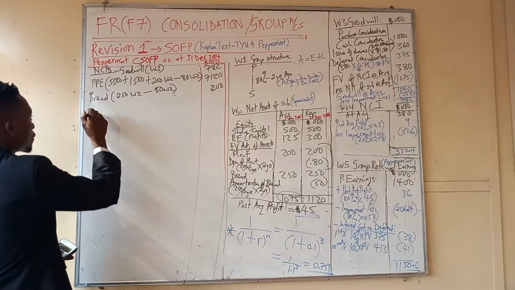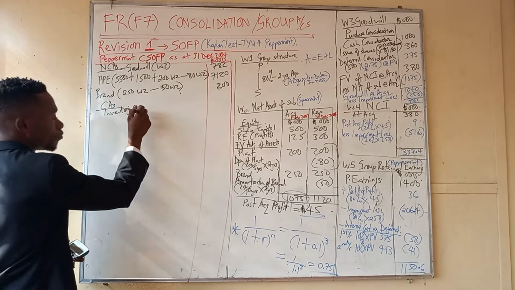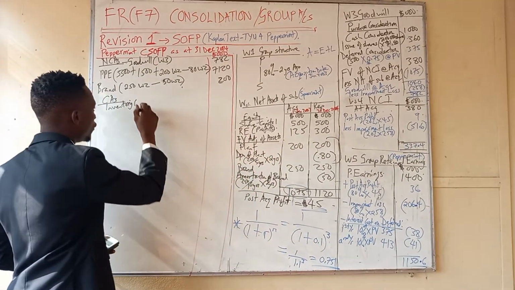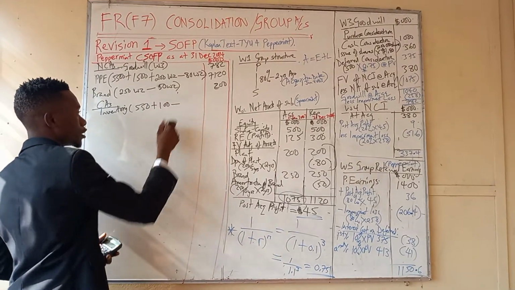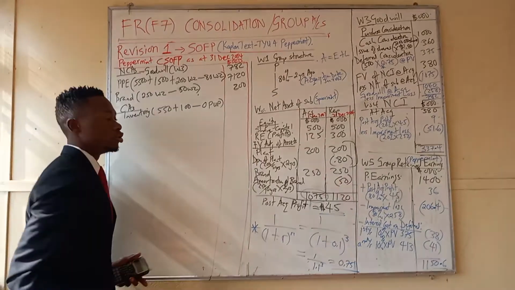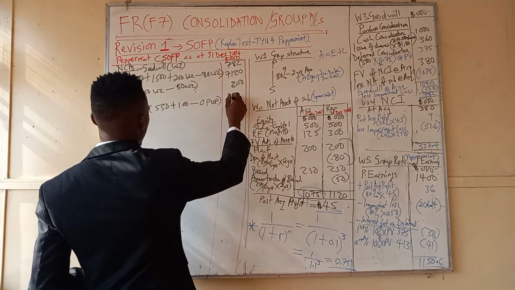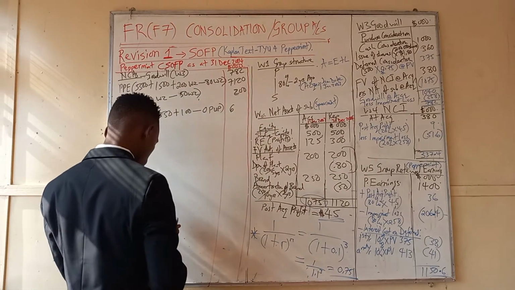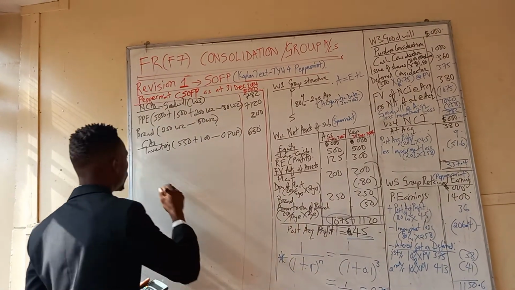Then current assets, your inventory. We have 550 and 500? Then just know that there is 0 PUP. We don't have any PUP, so no adjustments. So this will be 650.